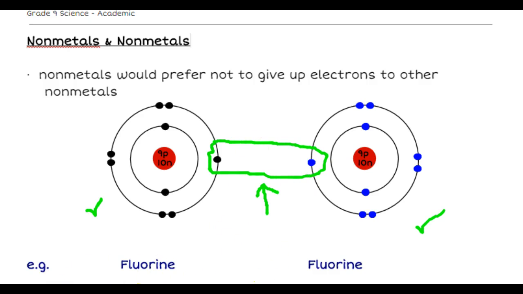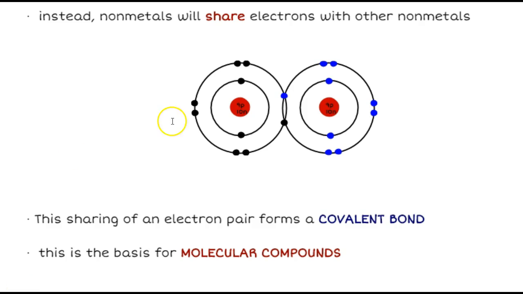And so let's look at this in a little bit more depth. This is how you would typically see what I drew above in a nice diagram, where you can see that now it's almost like their outer shells or their outer orbits are overlapping so that they can share these electrons. So really this blue electron from the fluorine on the right becomes part of the black fluorine on the left.